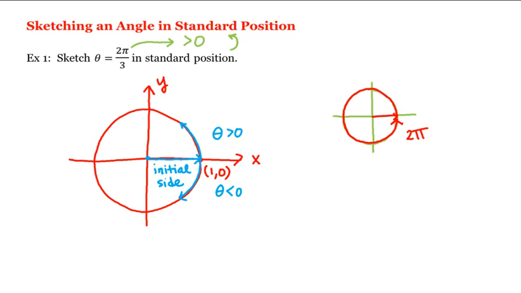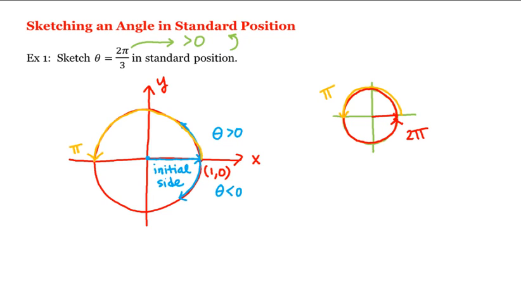And since the circumference of the unit circle is 2 pi, the radian measure of one complete revolution is 2 pi radians. And therefore, half of a rotation would measure pi radians. Which means, looking over here on the left, if we started rotating our initial side all the way to here, this would be pi radians.